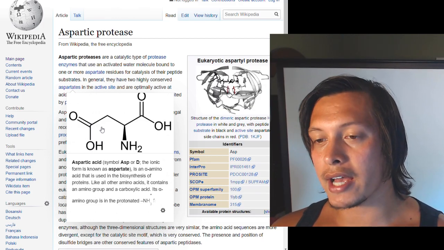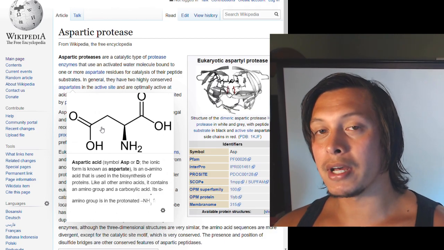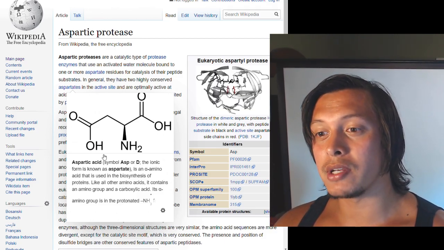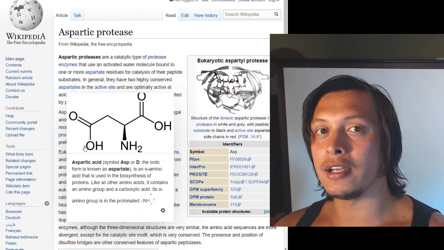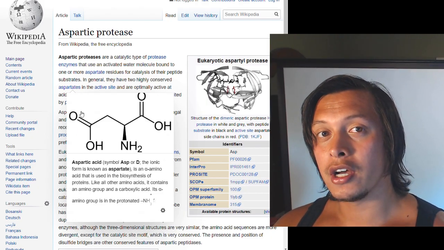So it's aspartic acid. But it's usually negatively charged. So this acid usually becomes deprotonated, which makes this acid group become a conjugate base, or a negatively charged group.